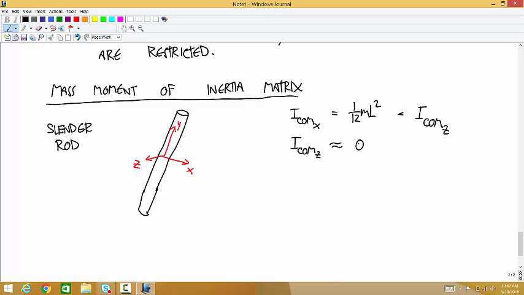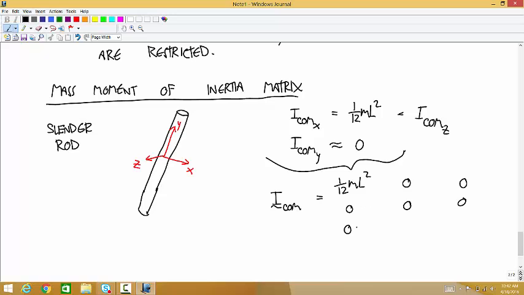It depends how thin that rod is. And so to write this as a matrix, you just write that the mass moment of inertia about the center of mass is equal to 1/12 ml squared, 0, 0, 0, 0, 0, 0, 0, 1/12 ml squared.